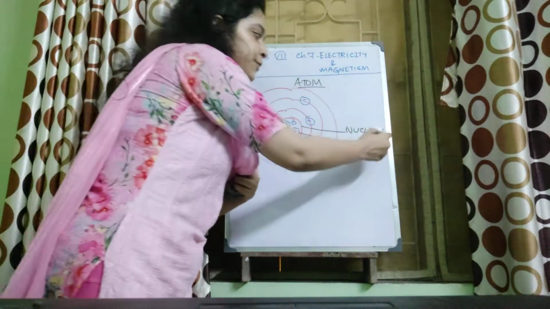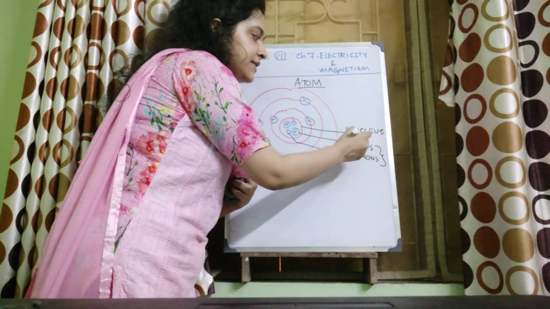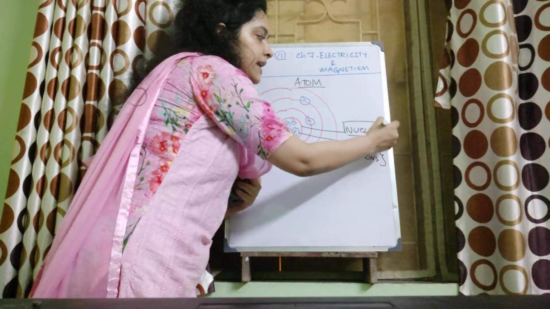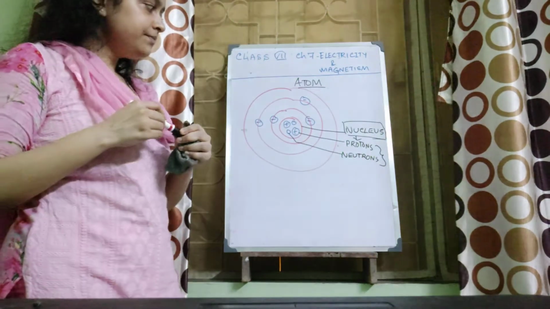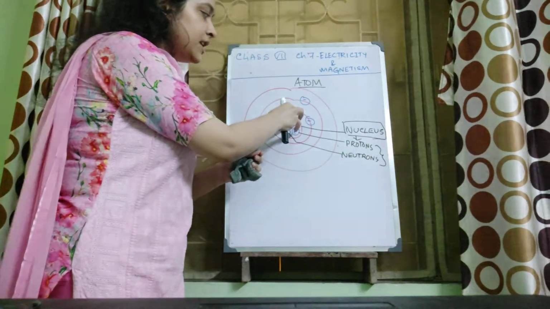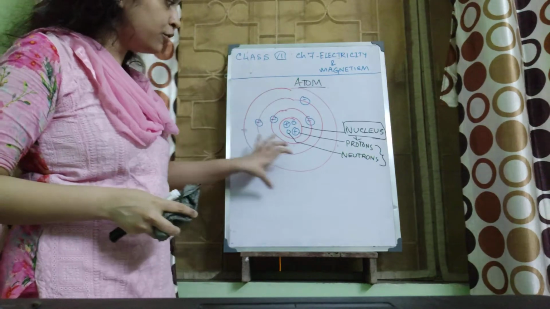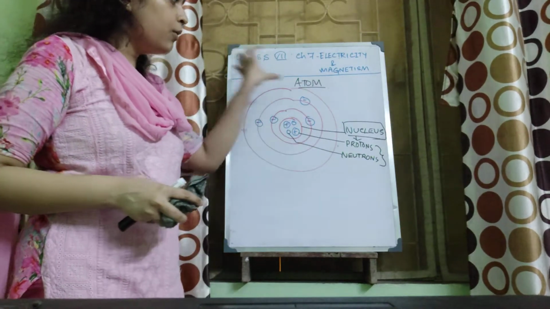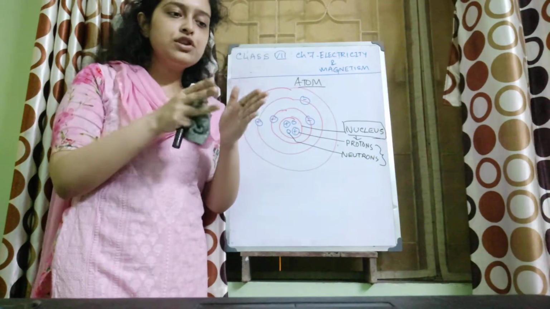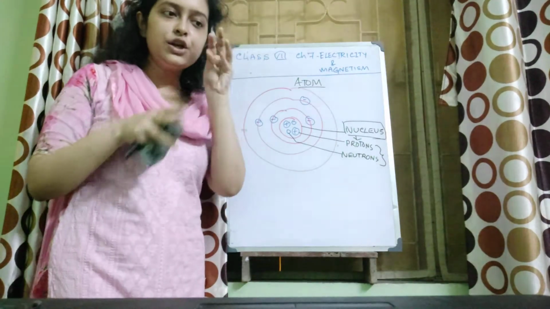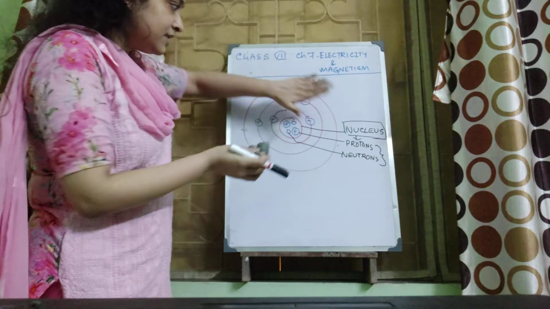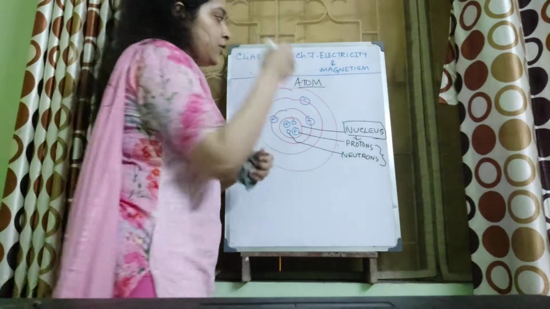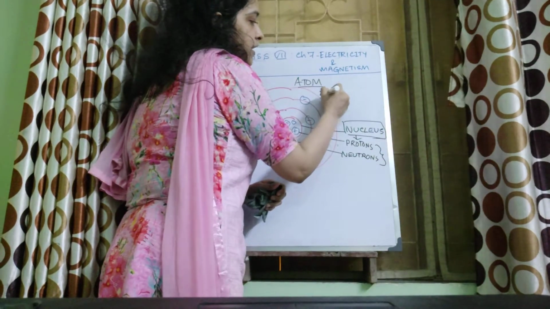So, these protons and neutrons together reside in the nucleus, right? And apart from the nucleus, we have some other portion also of the atom. What is that called? The portion apart from the nuclear part or the nucleus of an atom, the rest of the portion, that is known as the extranuclear part.